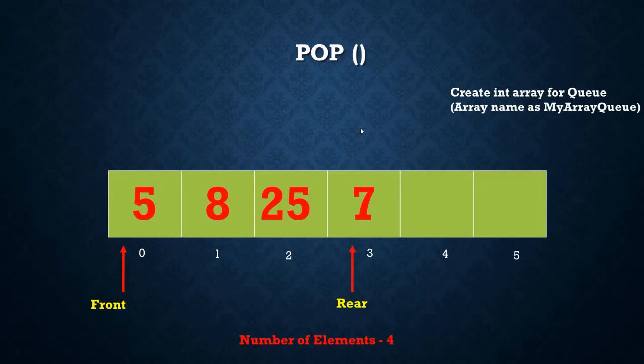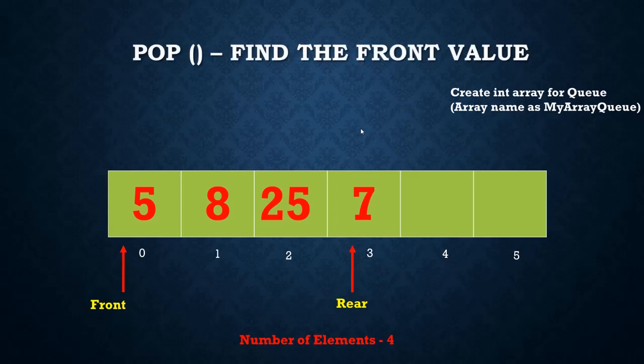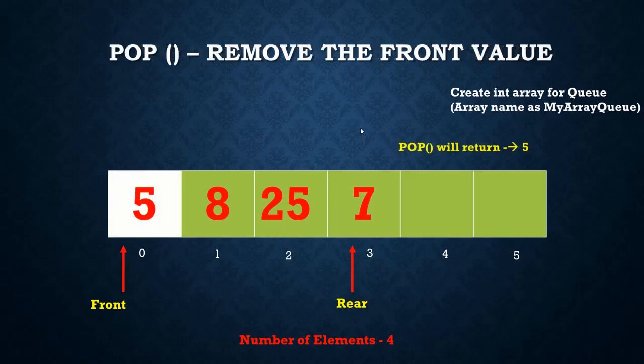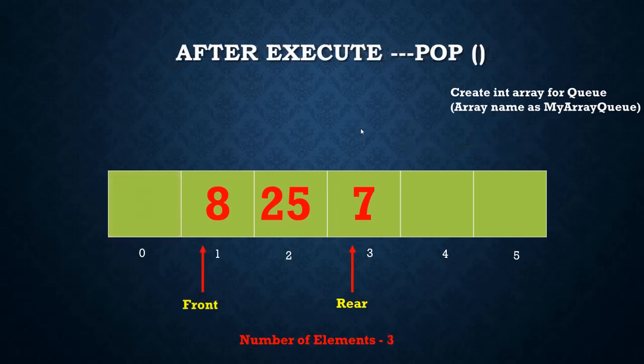Right. Now this is my queue. Here you can see front is 5, rear is 7 and the number of elements is 4. Now I want to find which one is the front value. Yes, that is 5. And then I want to pop 5. Once I pop 5, the next front element will be 8.